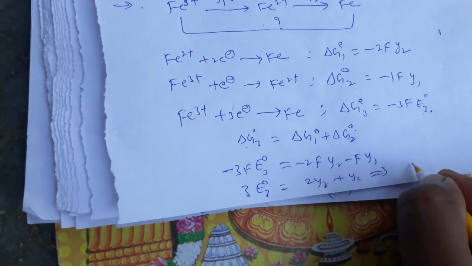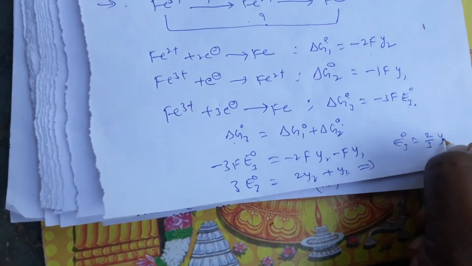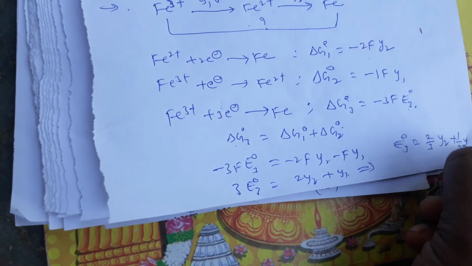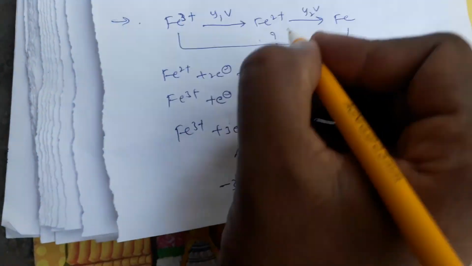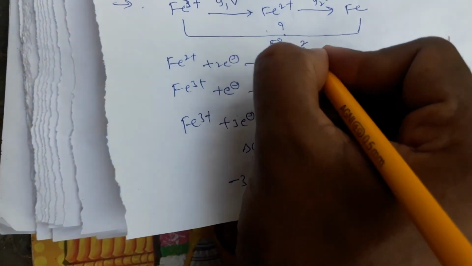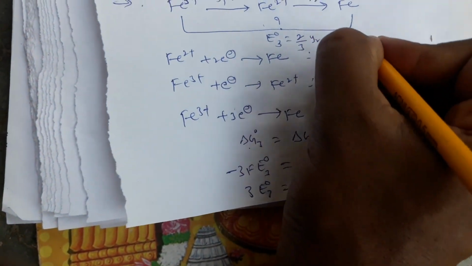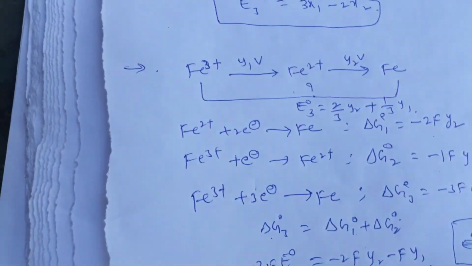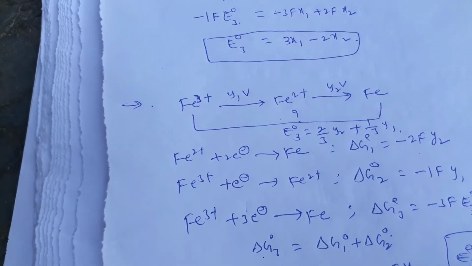So I can write E naught 3 is equal to 2 by 3 Y2 plus 1 by 3 Y1. So this is the answer for E naught 3. If you know the values of Y1 and Y2, you substitute, then you will get the E naught 3 value.